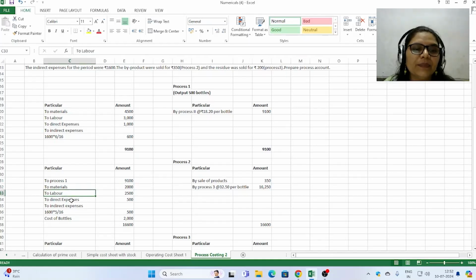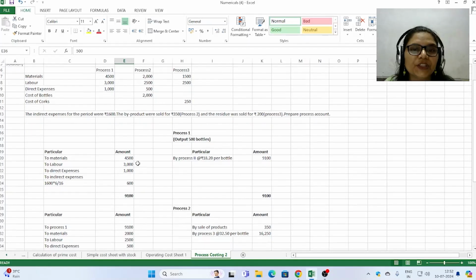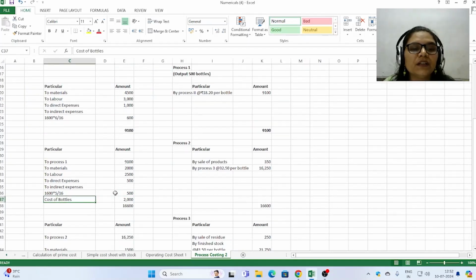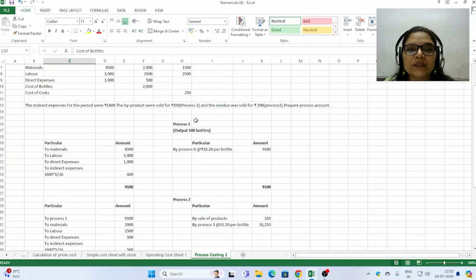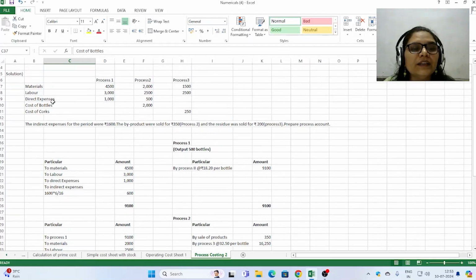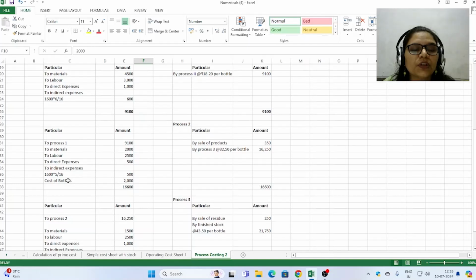Similarly, material, labor, direct expenses and indirect expenses have been recorded as mentioned. Now additional information regarding process 2 is given. The products were sold for rupees 350 and the cost of bottle in process 2 was rupees 2000. We will add all these and get 16,600.